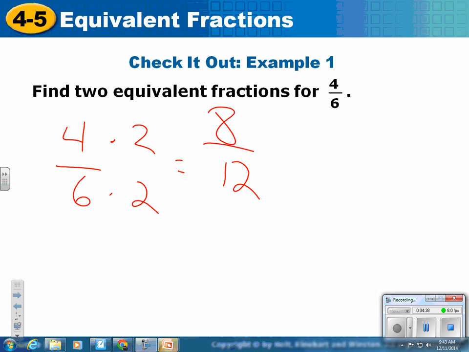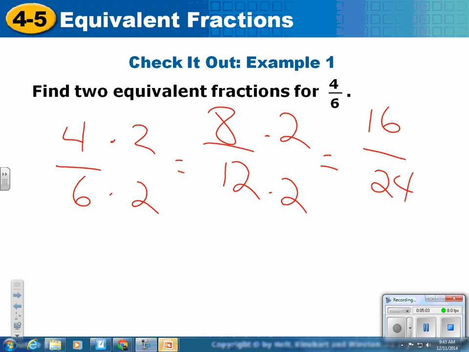Here's the deal. I don't want you to do this. If it says find 2 equivalent fractions, I don't want you to multiply by 2 and then take this and do this again. You can. It's legal. It works. You could have 16/24, and that is also equivalent, because if you divided 16 by 24, it would work.